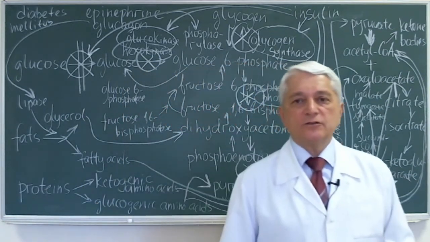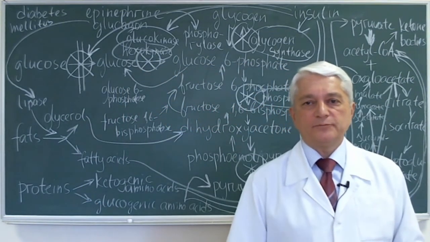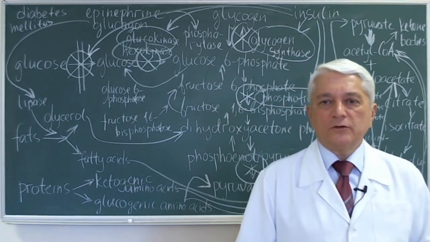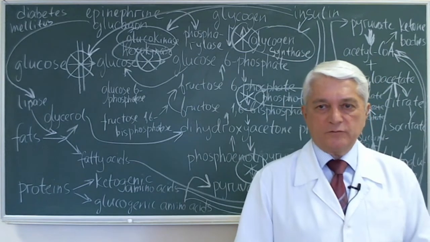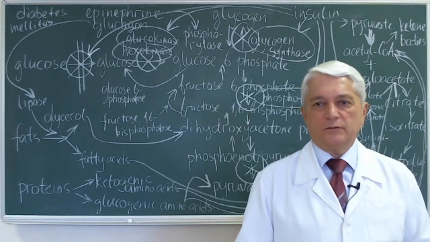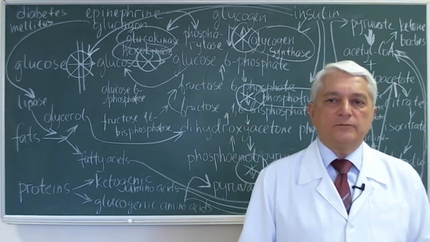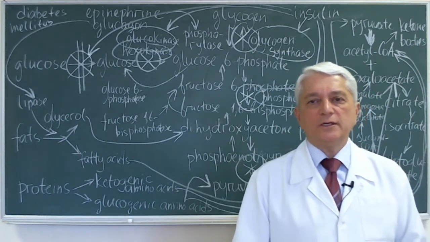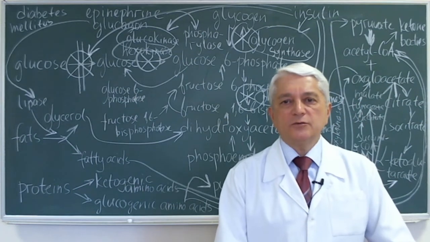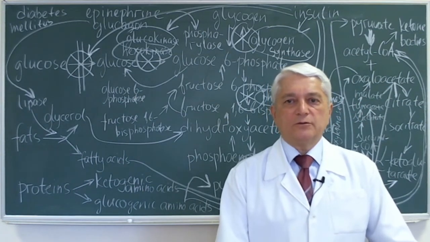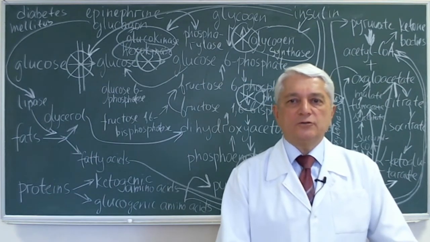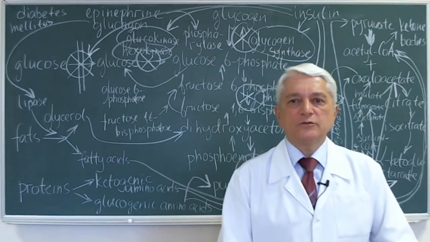This high concentration of glucose in the blood is not good for the organism, so the patient needs to take it away, and the main way is through the kidneys with urine. So the kidneys produce much urine to take away glucose from the organism.